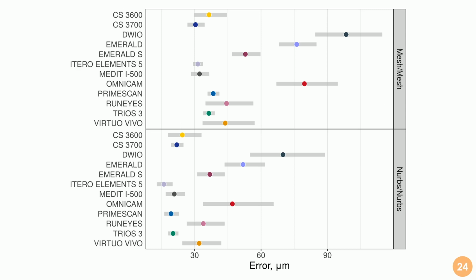In this evaluation, as we can see, we have a group of scanners that are very true, very accurate, and these scanners are the iTero Elements 5D, the Primescan, Trios 3, and the two scanners of Carestream Dental, CS3600 and CS3700, that are very, very accurate. Of course, there were some deviations between the mesh-to-mesh and the NURBS-to-NURBS evaluation, but more or less I could say that these 6 scanners that I cited worked very well in terms of overall trueness.